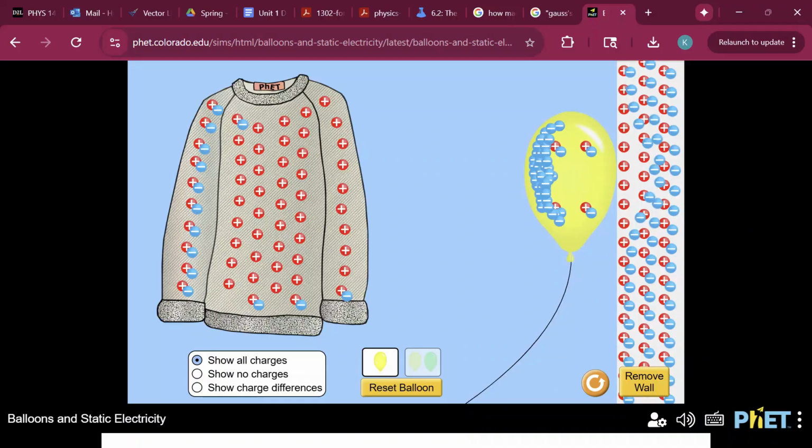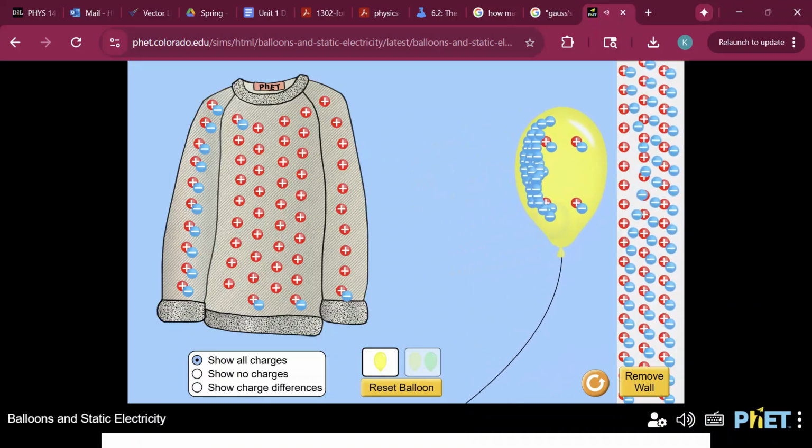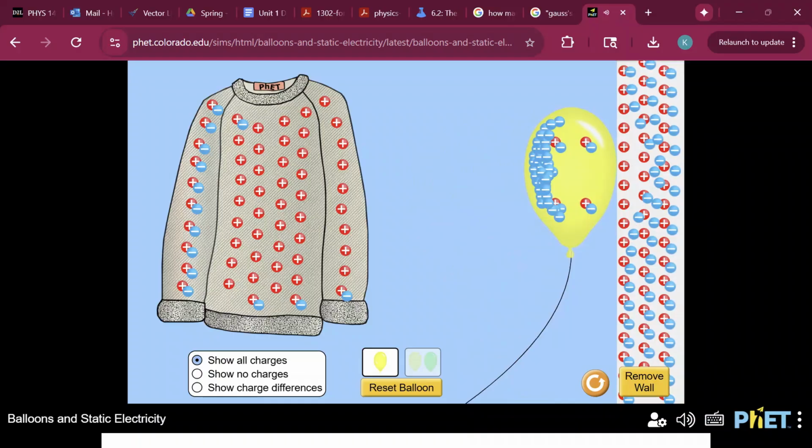So those positive charges, the nucleus of those atoms, are staying in place, but the electrons are free to move. So they're getting repelled. So what's happening is that's leaving the left side of the wall partially positive and the right side of the wall partially negative. It's temporary. It's creating a temporary dipole.